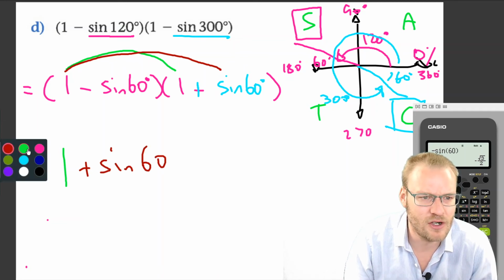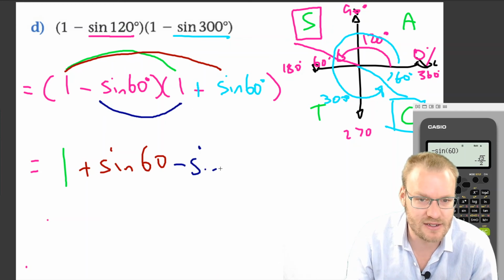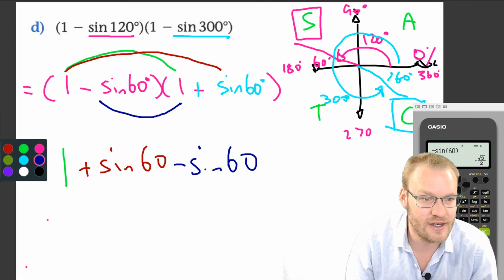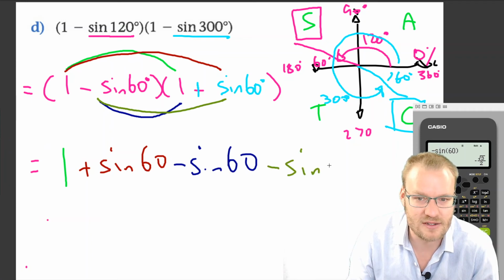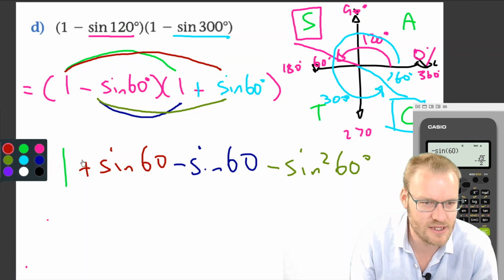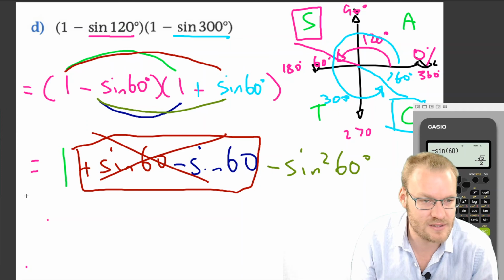Then, we're on colors, blue, minus sine 60 times 1 is minus sine 60. Can you see these two are going to cancel each other out? And finally, minus sine 60 times plus sine 60 is minus sine squared 60. These two here conveniently cancel out.